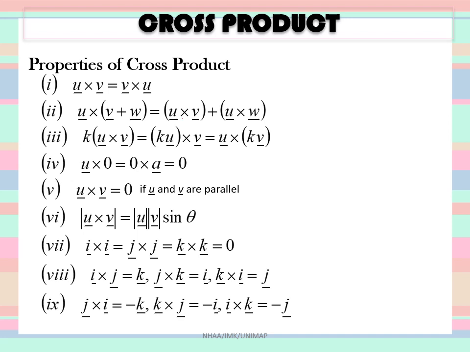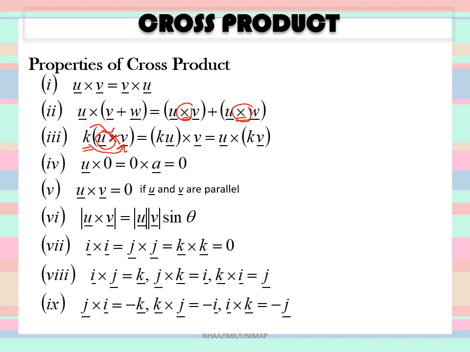Okay, you still need to keep the cross product operation. The same goes for multiplication of a scalar with u cross v. You can multiply k to either vector first, whether k multiplies u and then you perform the cross product with v, or you multiply k to vector v and then perform the cross product with vector u.